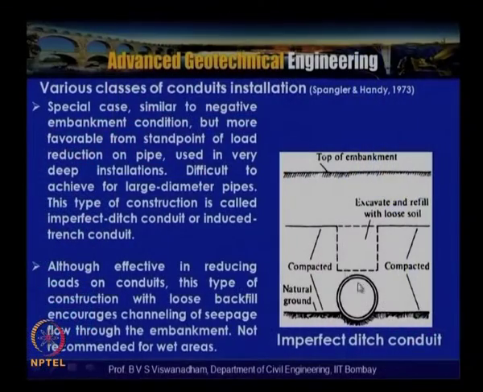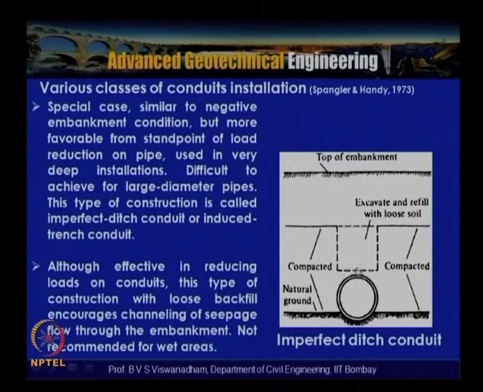So this projecting installation condition of the conduit is called the imperfect ditch condition or induced trench conduit. In the induced trench conduit, the top of the pipe is above the natural ground, and it is used in very deep installations.